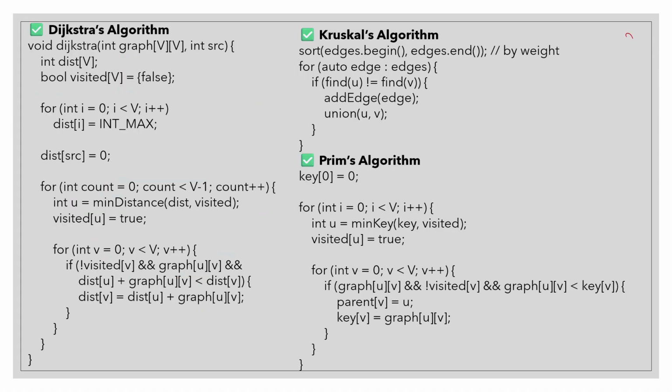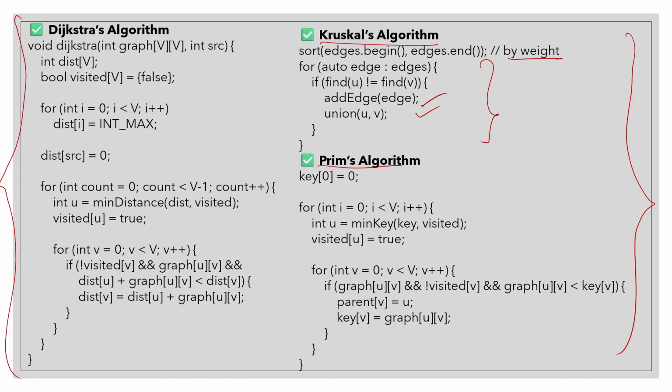This is already covered in your data structures, if you remember. Dijkstra's algorithm, Kruskal's algorithm, and Prim's algorithm are already done. Code has fewer chances of being asked, but I will not say you don't need to understand them. If you know how they work, writing the code will not be difficult. In Kruskal, first you sort by weight, then you keep adding the edges, ensuring no cycle.